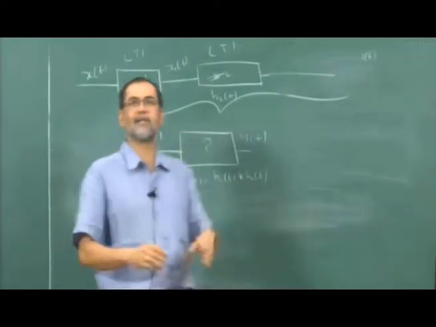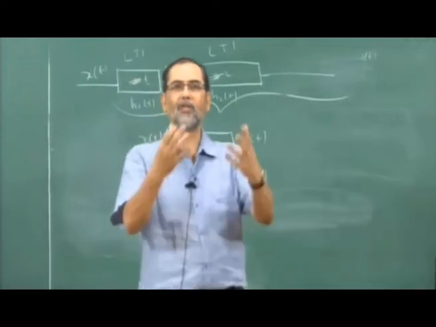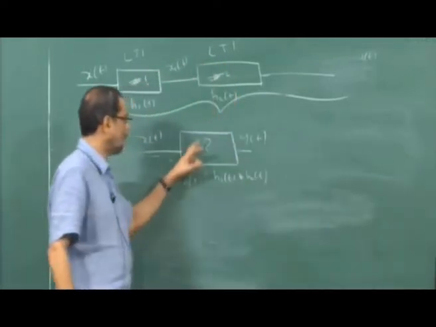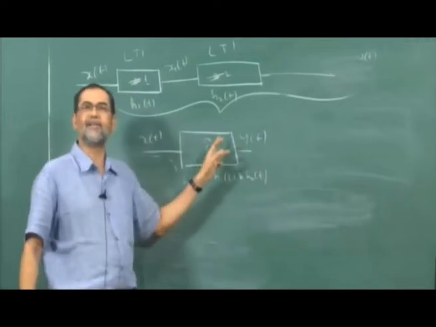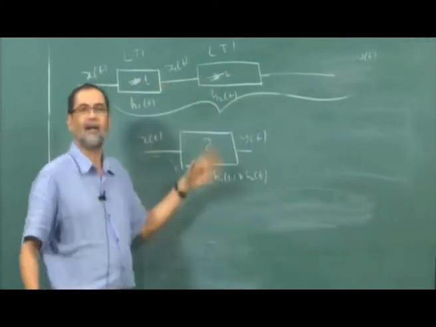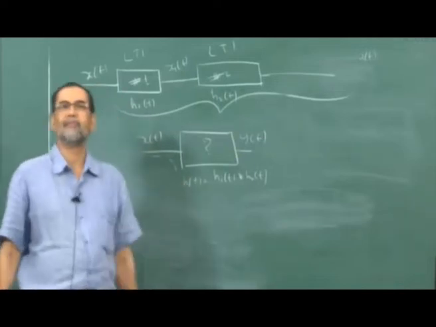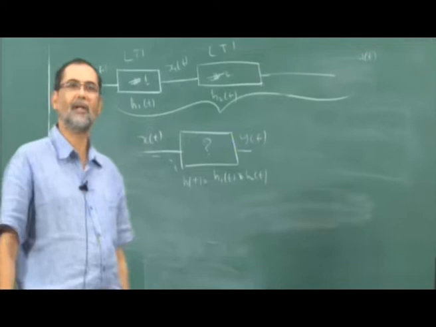Individual impulse responses can be convolved. That gives me the combined impulse response for this tandem connected system. This and this are joined together and give me a joint system h of t.